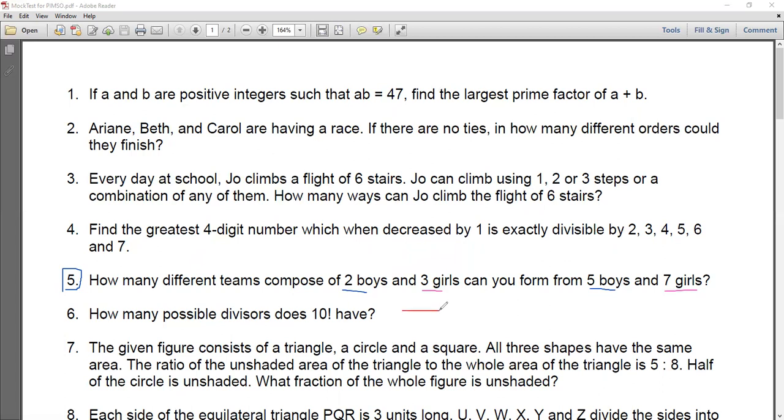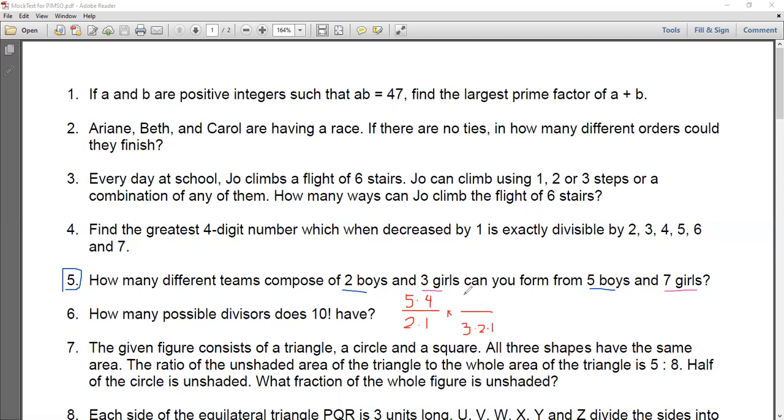For the denominator, since we are only looking for 2 boys, 2 times 1. And then in here, this will be 5 times 4. So this is for the number of boys. For the number of girls, since we are going to select 3 girls from 7, this will be 3 times 2 times 1.